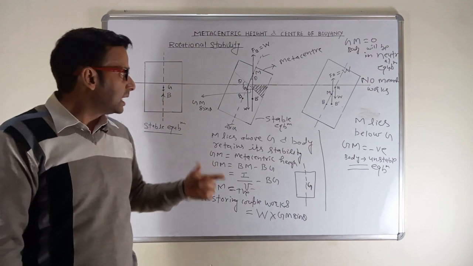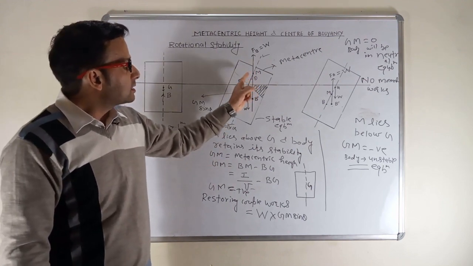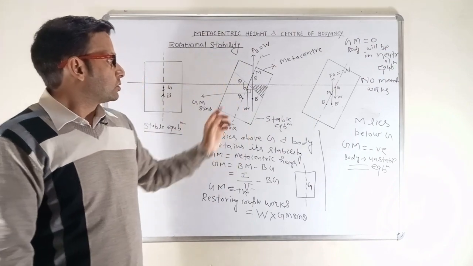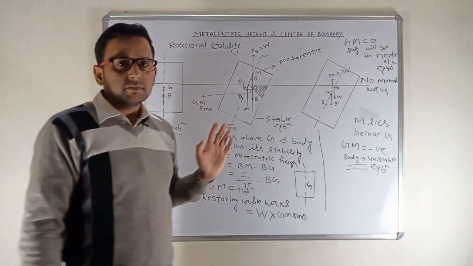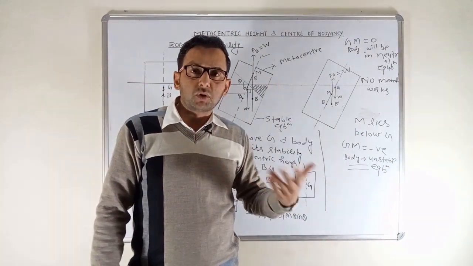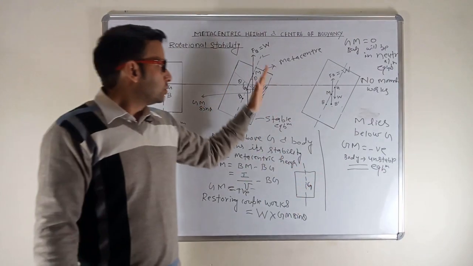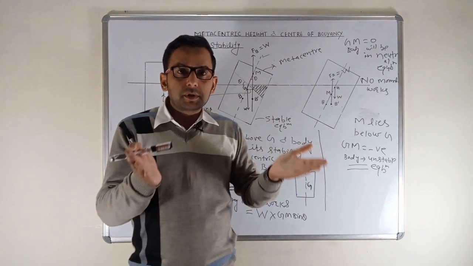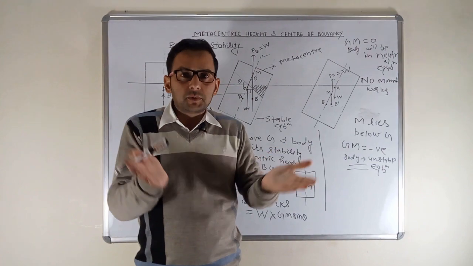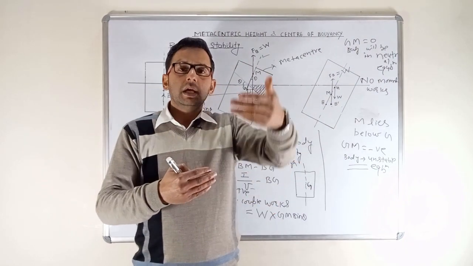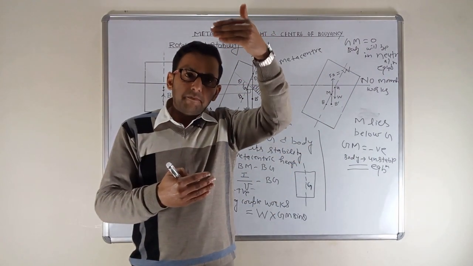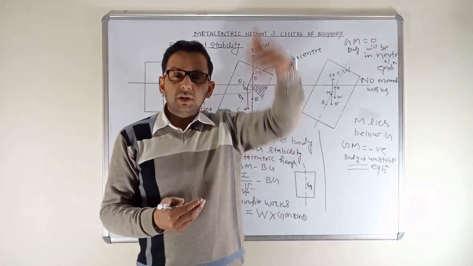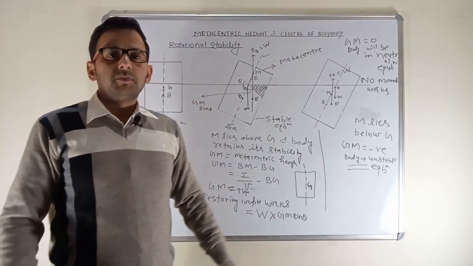In other words, M always lies above G, sufficiently above G. So, the larger the value of GM, the larger will be the stability of the floating body or the ship. So, to make the value of GM larger, we always try to put some weight at the bottom of the ship so that the center of gravity of the body lies at a comparatively lower position, and GM will be larger. As GM becomes larger, the stability of the ship will be greater.